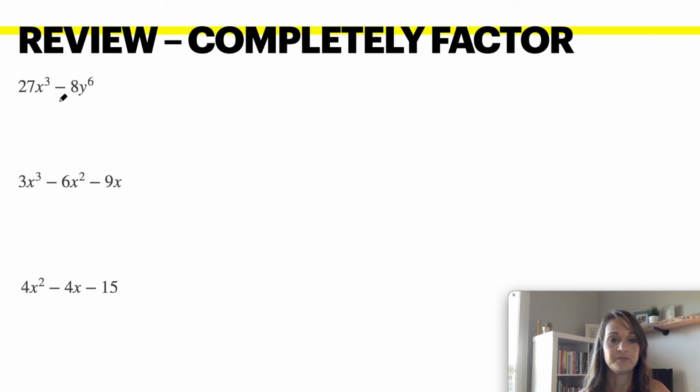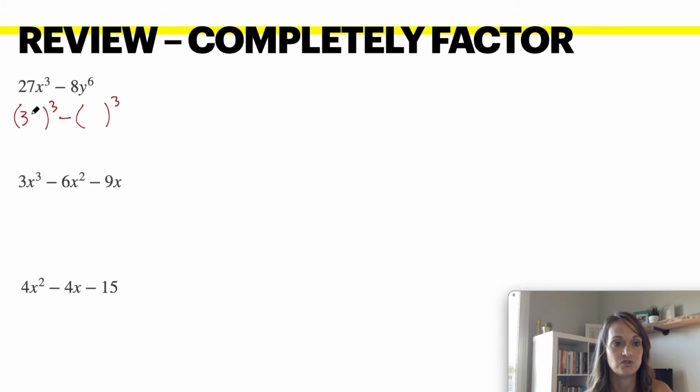So let's review. If we were to completely factor this top expression, this top polynomial, the way we would do it is this is a difference of cubes. So what cubed minus what cubed will give me this expression?